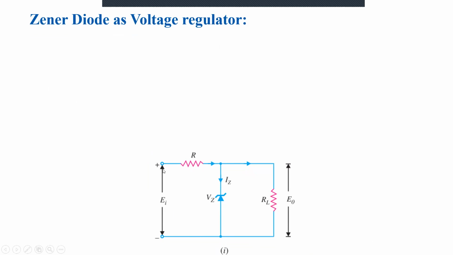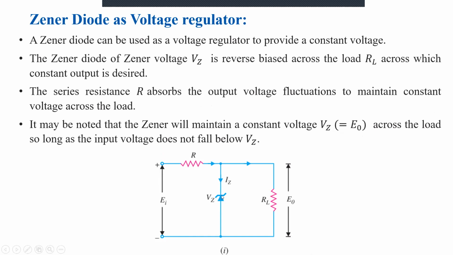So this circuit consists of the input voltage EI connected with a series resistance R, and the Zener diode is connected in a reverse biased condition, and parallel to this Zener diode, the load resistance is connected, so that the voltage across the Zener diode will always be equal to the voltage across the load because they are in parallel. The parallel circuit components will have the same voltage across them.